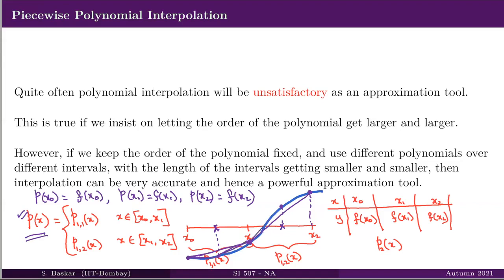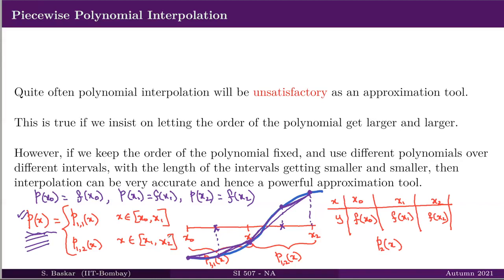And then one polynomial is like this, and then you have like this. And you can see that this is a piecewise polynomial again, and this is a little more accurate than the piecewise polynomial that we constructed with x0, x1, and x2, right?